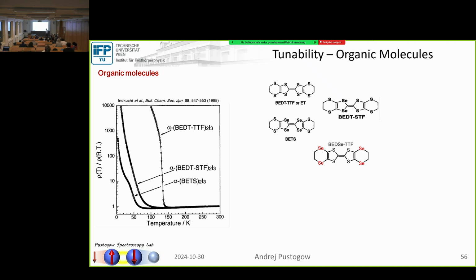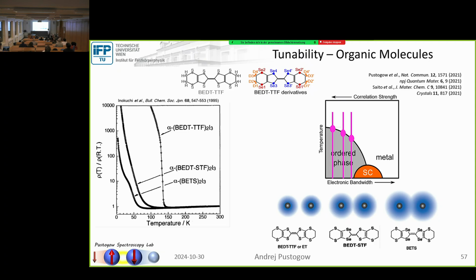So it is efficiently working as an increase of the electronic bandwidth, so the correlations are reduced and transition temperatures go down. So here you can see the different transition temperatures, and these molecules, with 4 seleniums, have very big orbitals. Without seleniums, we have small orbitals, and with 2 seleniums, something in between.